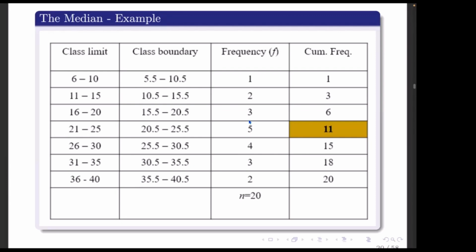So with the median, the last value, which is 20, divided by 2 is what? 10. But here we can see that 6 is less than 10 and 11 is greater than 10.